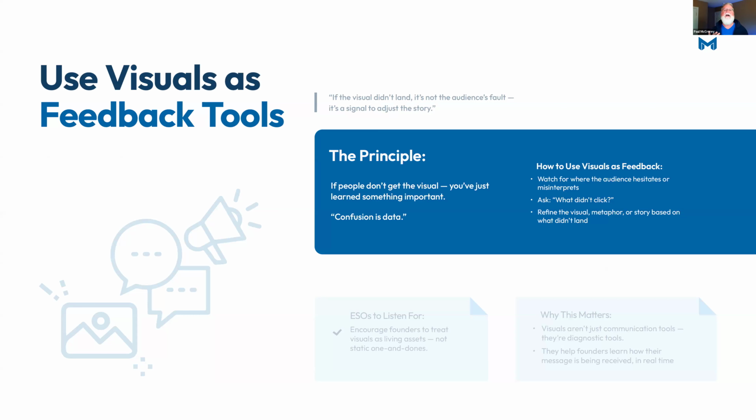So you want to try these out on your friends or a friendly audience to see, is this resonating? Are you getting this? It'll tell us where the message is off and how we need to refine it. As I put down here, visuals aren't just communication tools, they're also diagnostic tools. That's another facet to really think about with your visuals.